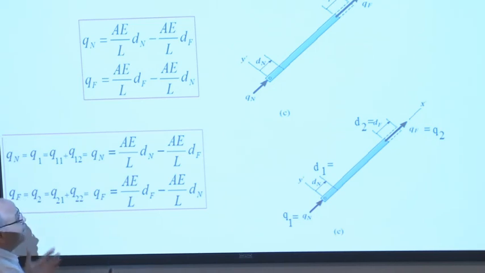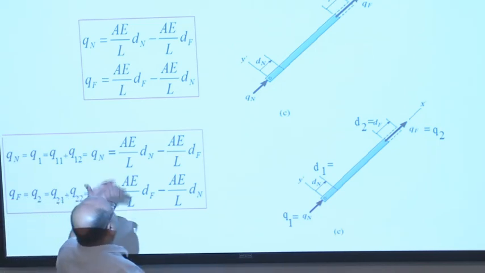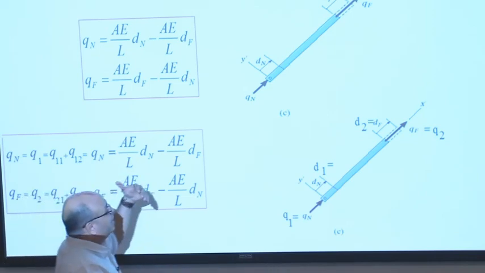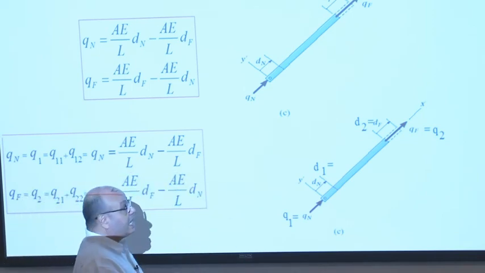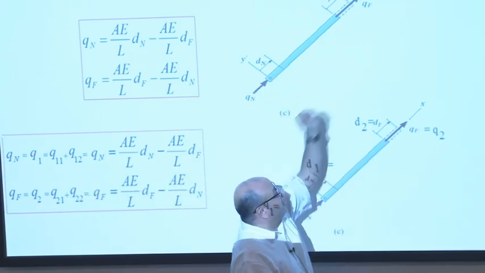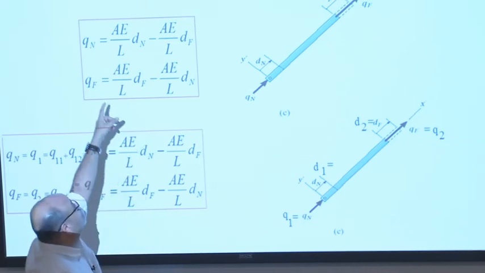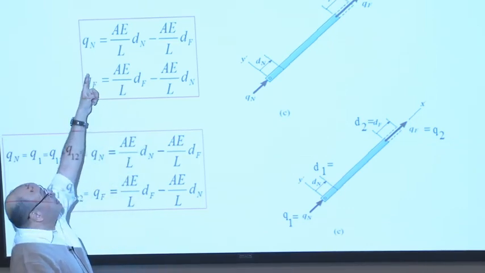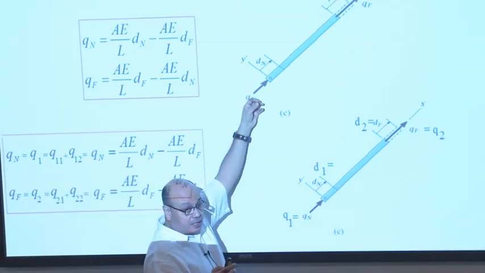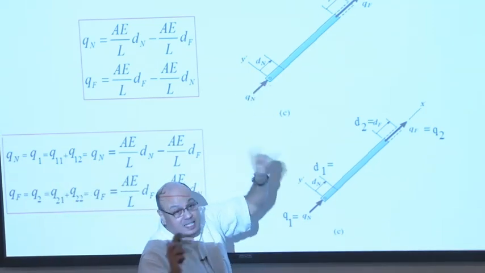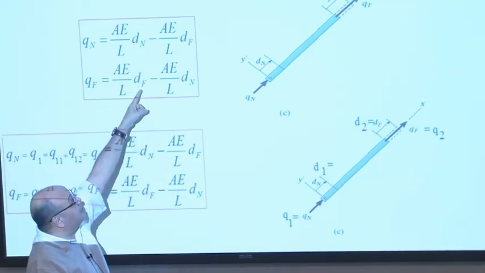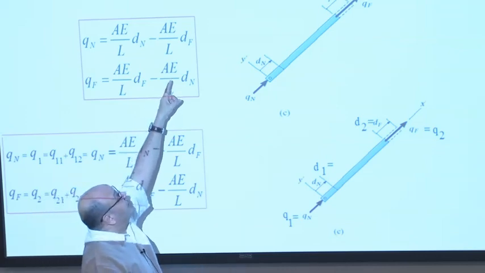When you combine them both, so now we have superposition so that we can have both cases at the near end, at the far end. So we have dn, which is at the near end, and d far at the far end. When you combine both, you will find out that the q sub n, which is the force developed at the near end due to the deformations, both of them, is going to have two terms, AE over L times d sub n, and negative AE over L times df.